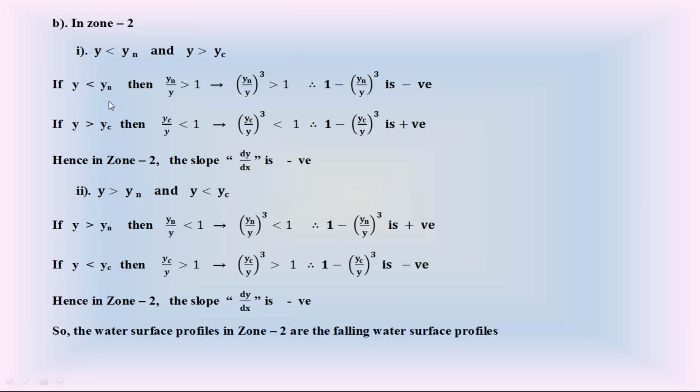Then in zone 2, the second condition is depth of flow y greater than yn, but the depth of flow y less than yc. Here also the depth of flow is in between yc and yn.